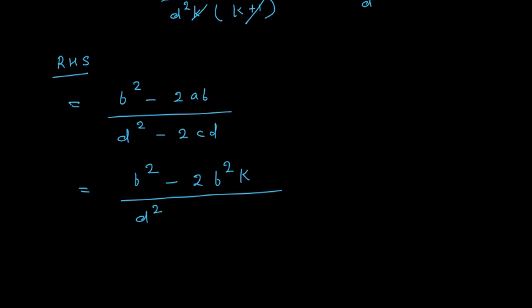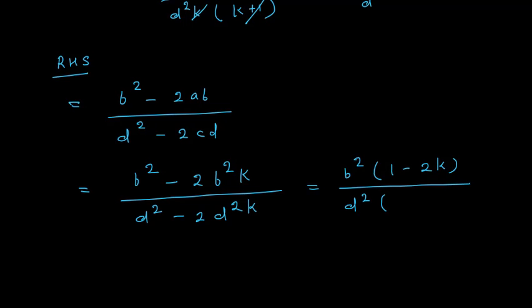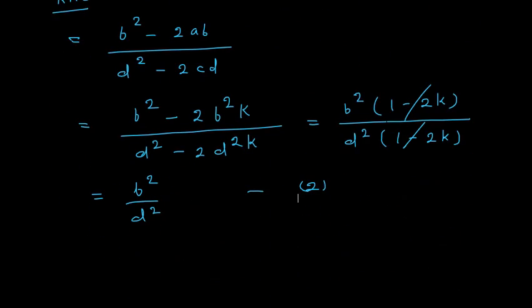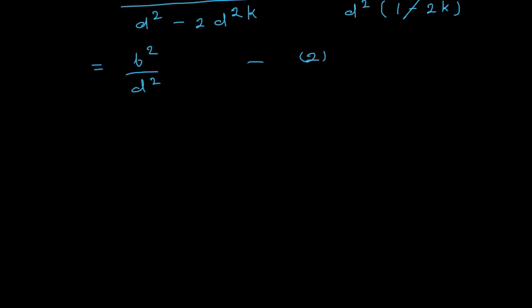D square will remain as it is, minus 2 D square into K. Now here you can take B square common, so you have 1 minus 2K. Here you can take D square common, again in the denominator you have 1 minus 2K. Now this 1 minus 2K you can cancel, and your result is B square upon D square. This is the second. Now in the first equation you have B square upon D square, in the second you have B square upon D square. So therefore you can say that your left hand side is equal to your right hand side. Hence proved.